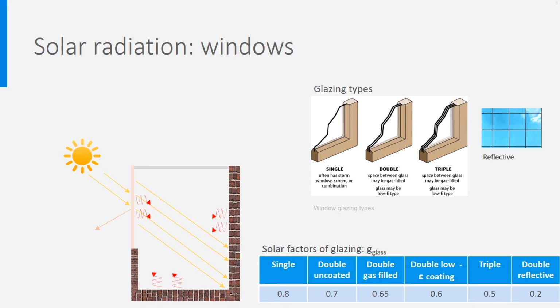The more glass layers, the smaller the amount of solar radiation coming in. With triple glass, only half of the incoming radiation will pass the window. Gas filling and low emissivity coating are also useful, and reflective glass, often tinted, has the lowest solar factor. Only 20% of the radiation is passed into the room.